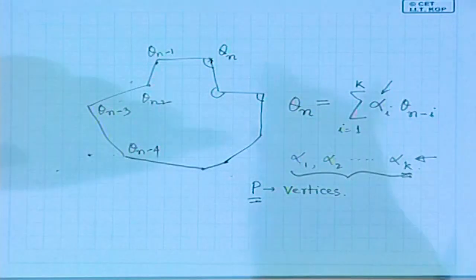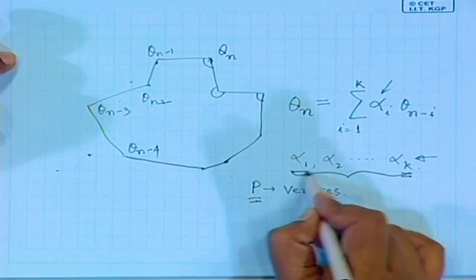If the value of p is greater than k, as I said, the model is over specified, because I have more equations than variables. In such a case, we can go for a mean square error solution. That is, I have to find the set of alphas which gives minimum error.